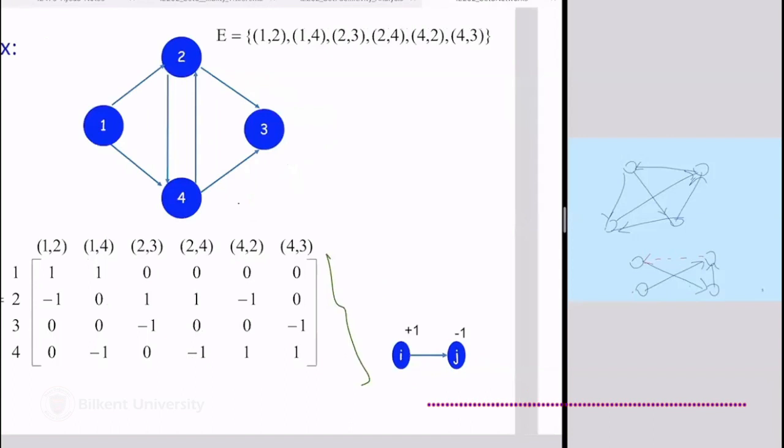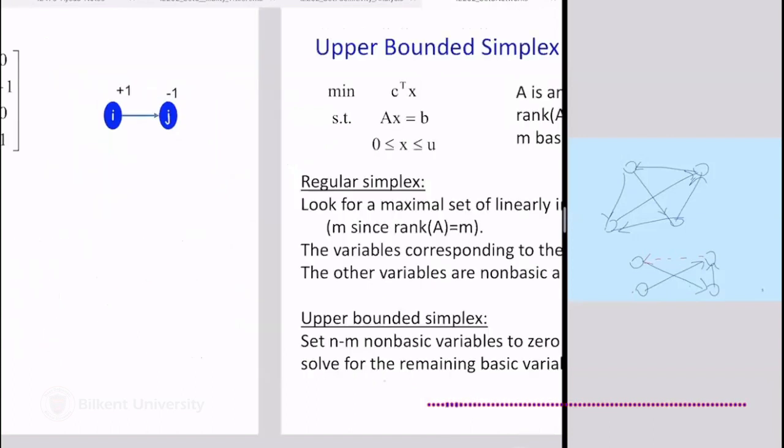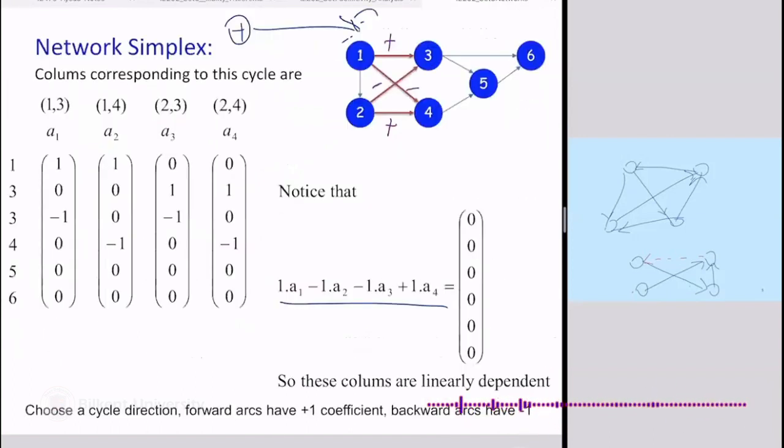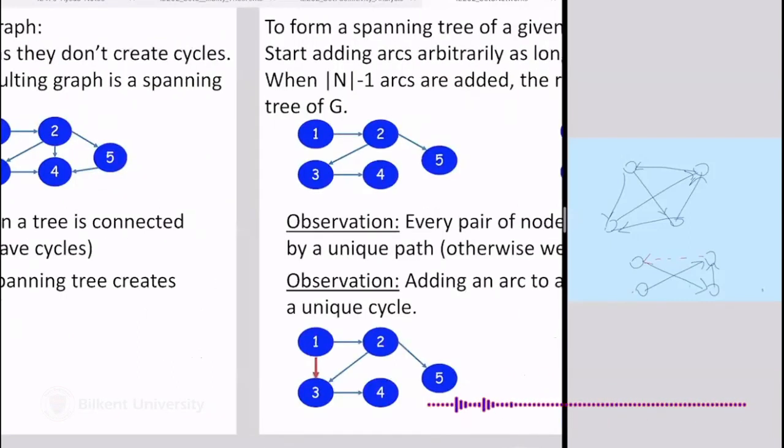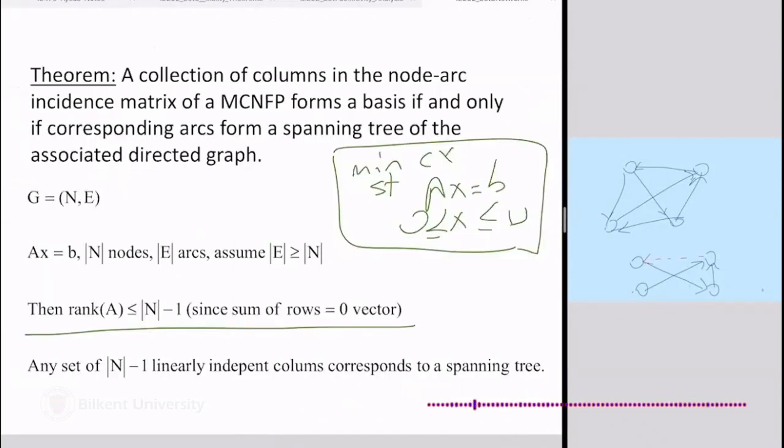So this brings us to here. This n minus 1 was actually important. Our rank can be at most n minus 1, and it is n minus 1 because we can find spanning trees, and the spanning tree columns will be linearly independent of each other.